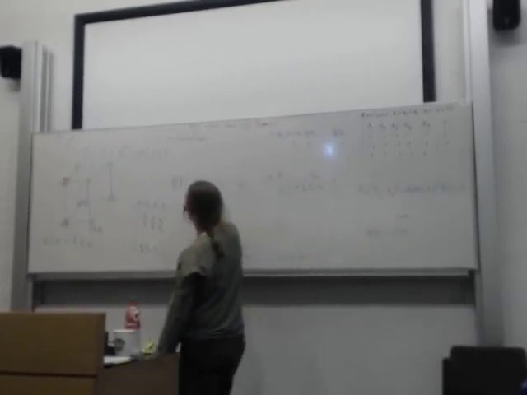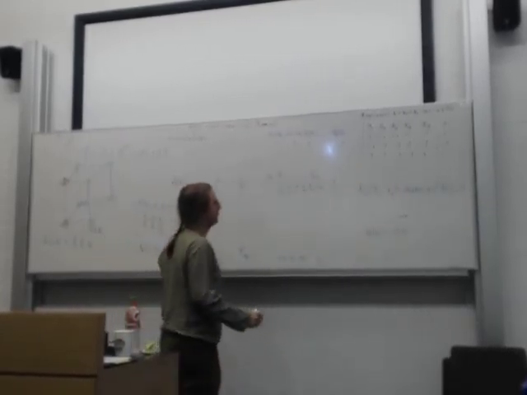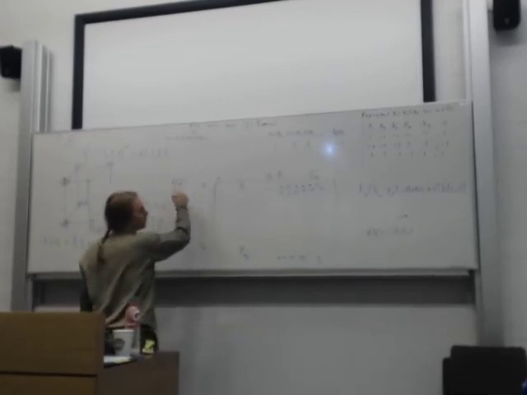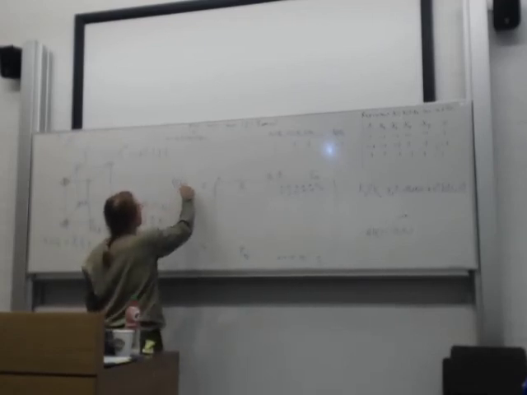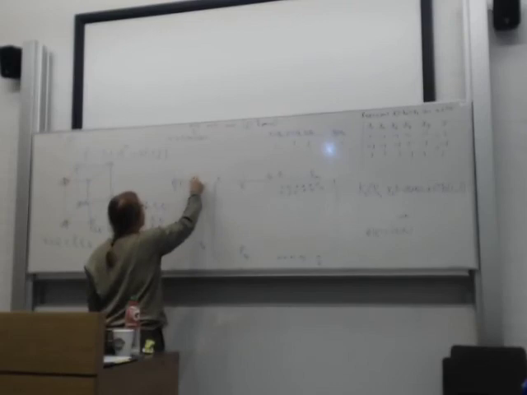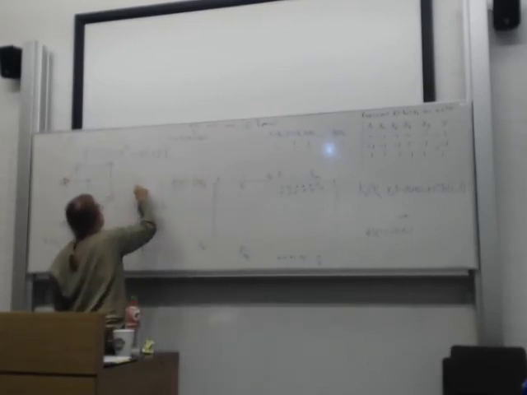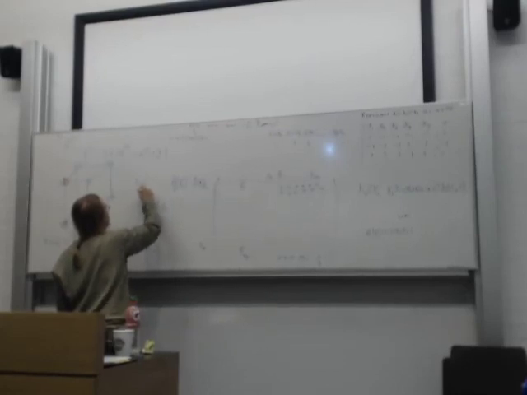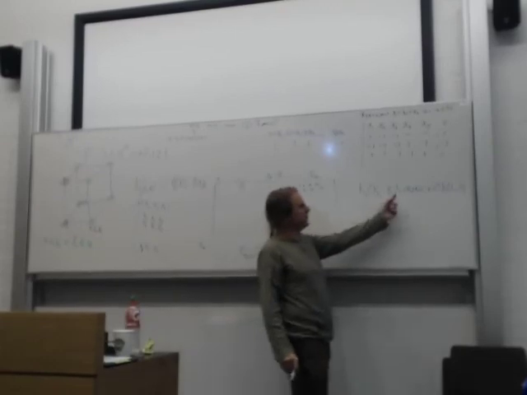So this is the feature map, the kernel. So the kernel map between xi dot xj is equal to just this.